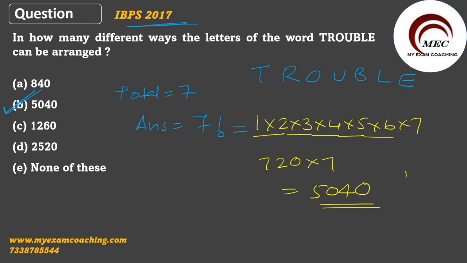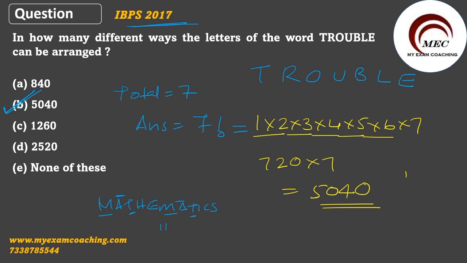You should now understand the difference between the two questions. If you are not clear with the previous question, just rewind and watch that first. In the first question we took the word mathematics. In the word mathematics there are letters repeating: M, A and T. Whenever letters are repeating, you have to divide by the factorial of the repetition.